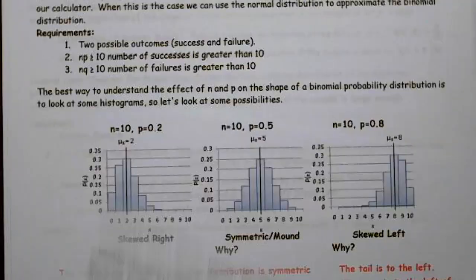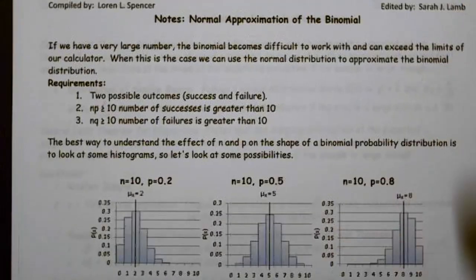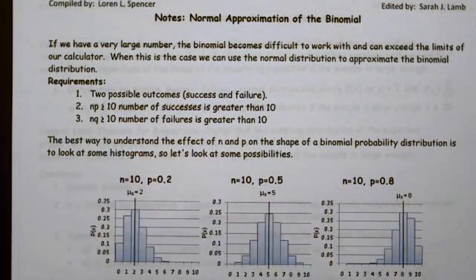All right, so that leads us into the normal approximation of the binomial. Once again, we have 2 possible outcomes, success and failure. And we have some restrictions on when we can use the normal approximation of the binomial. Very easy. Basically, we have to test to see if it's big enough.